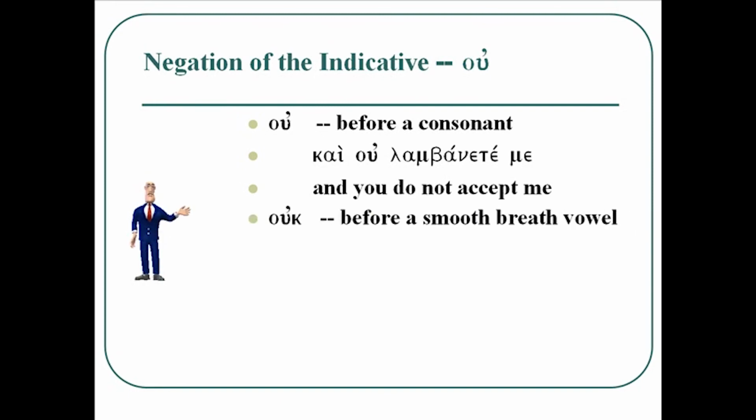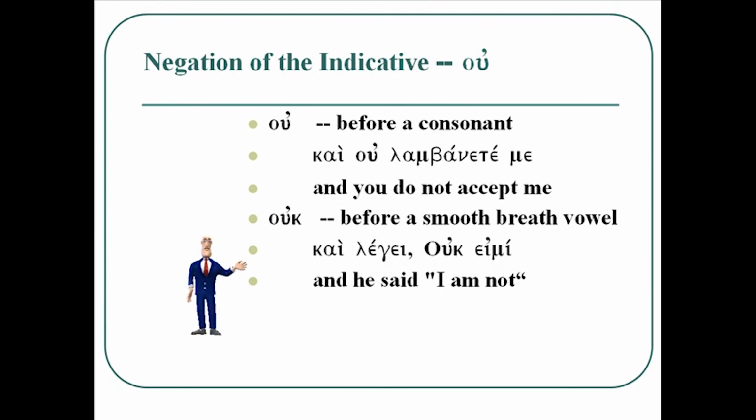The form becomes ouk when it comes before a smooth breathing vowel. So, for example, it's kai legei ouk eimi. And he said, I am not.